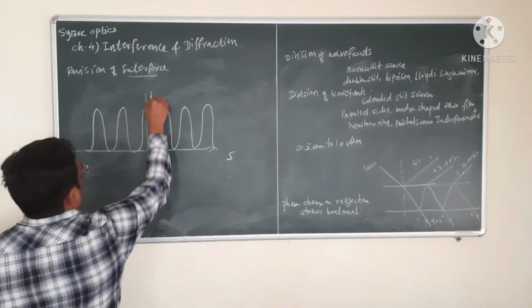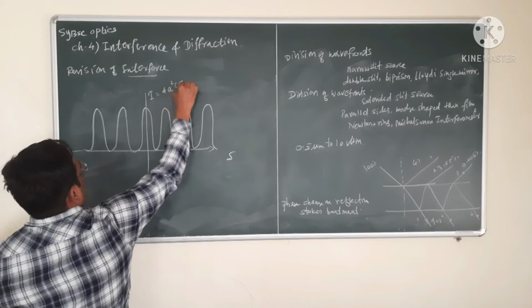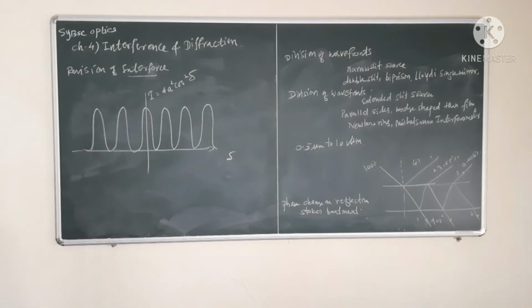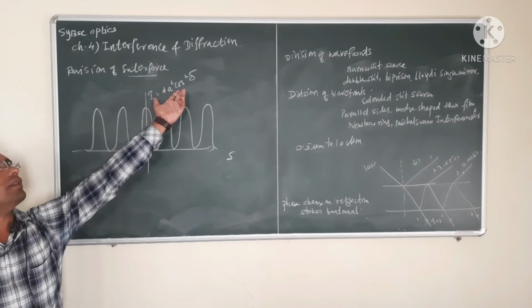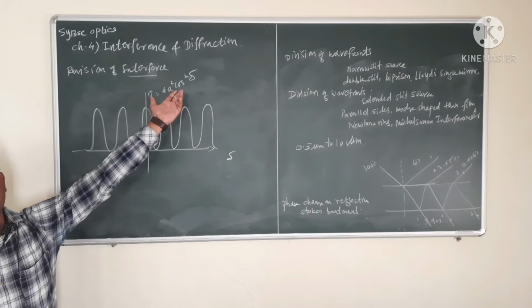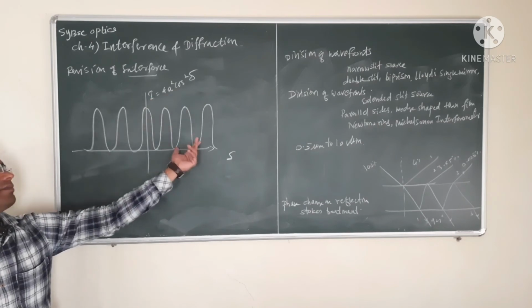Here we have intensity, which is 4a square cos square delta, where delta is the phase difference between the two waves. If you plot this and put this delta, which is the phase difference between the two, we will get an interference pattern like this.